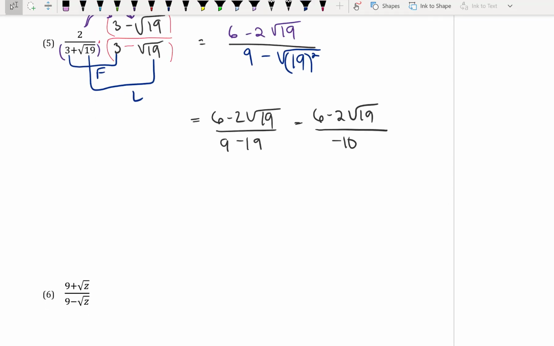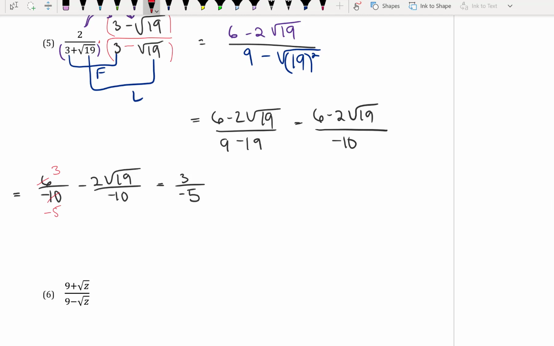And well, here you're going to have to split it up. This is really telling you that you have two fractions. Your two fractions is 6 over negative 10 minus 2 square root 19 over negative 10. So I can see that 6 and 10 can be divided by 2. So that gives you a 3, and I have a negative 5. So I have a 3 over a negative 5.